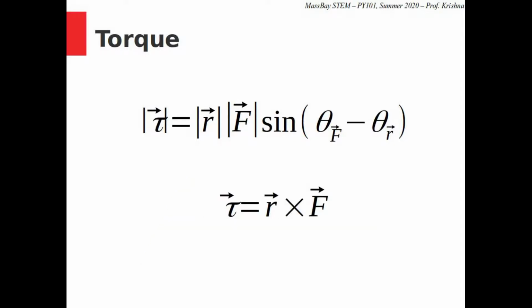As I mentioned before, physicists love shorthand. They sometimes shorten this entire equation for torque to read like this. That symbol between the R and the F is called the cross product. It's a shorthand for taking the size of two vectors and multiplying by the sine of the angle between them.